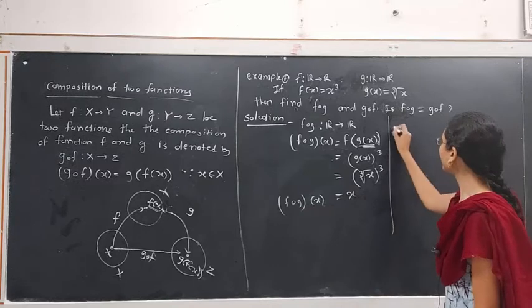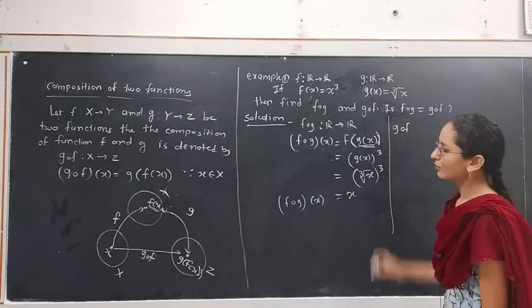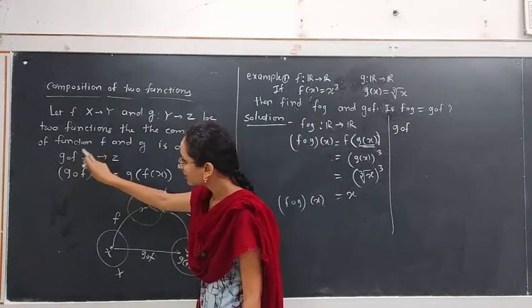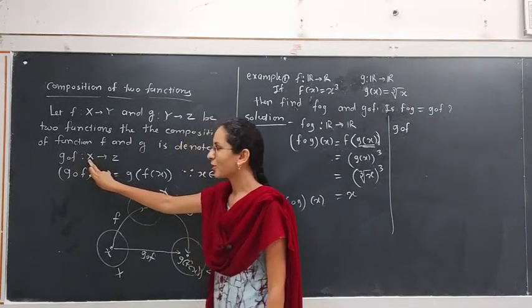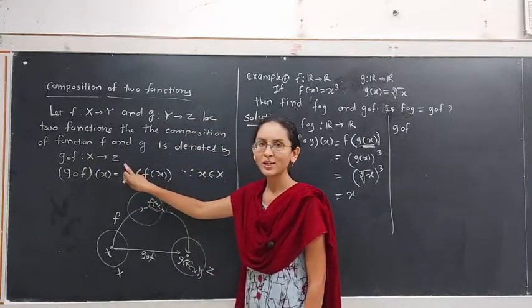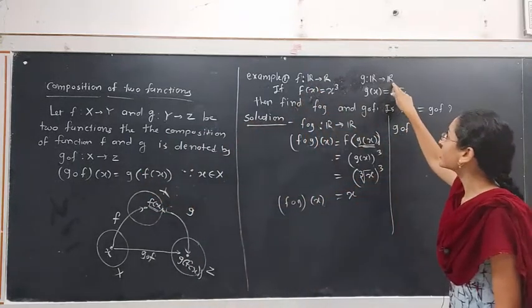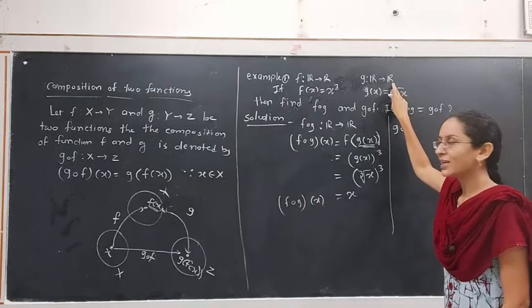Next, we find g∘f. What is the definition of (g∘f)(x)? That will be from the domain set of f to the codomain set of g. Here, the domain set of f is R, and the codomain set of g is again R, the set of real numbers.